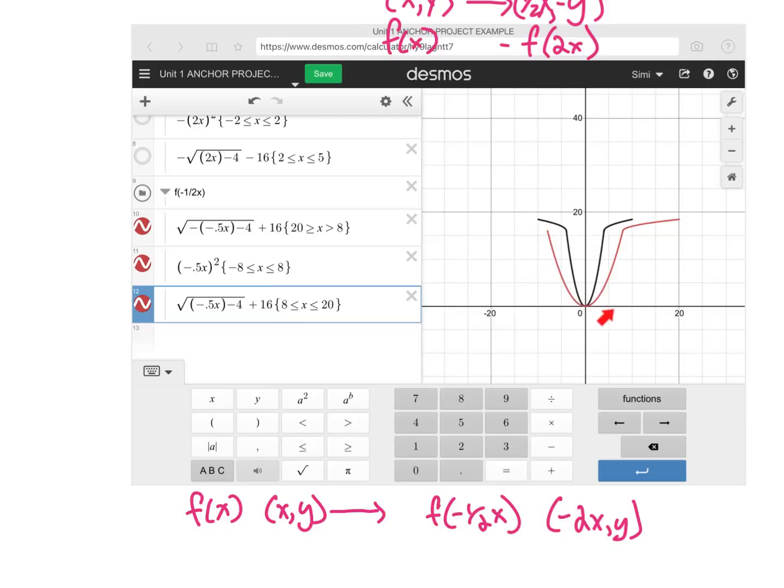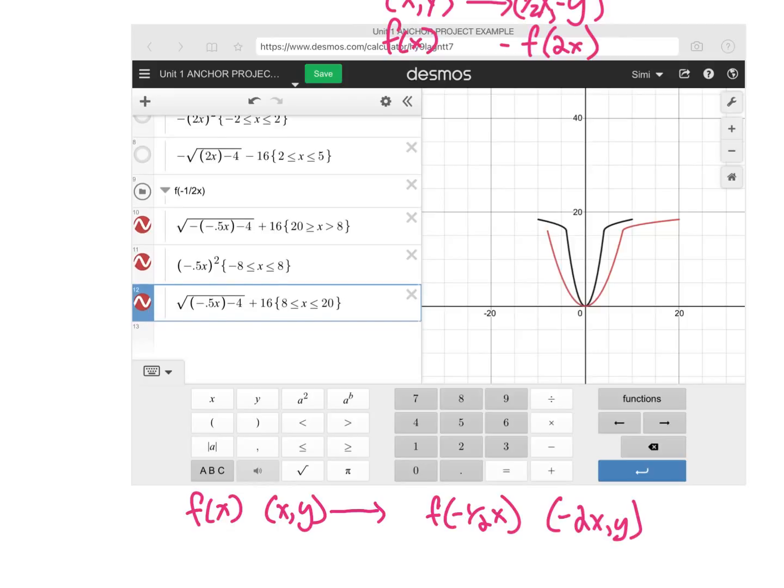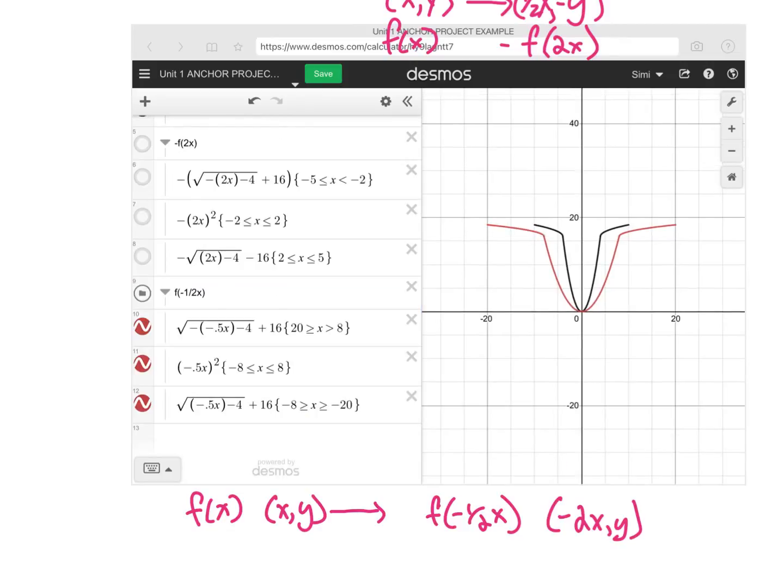Well, the problem with that is that all occurs over here. I need -20 to -8. Flip my signs. There we go. All right, I've got what I want.